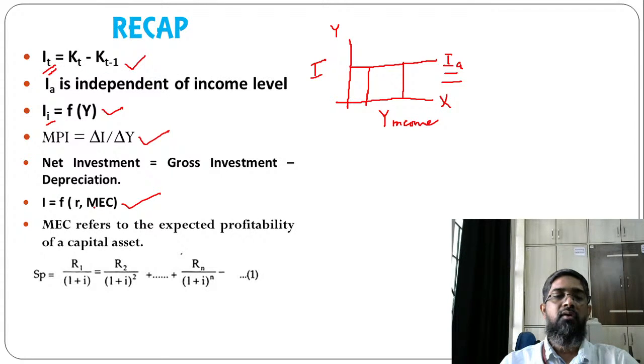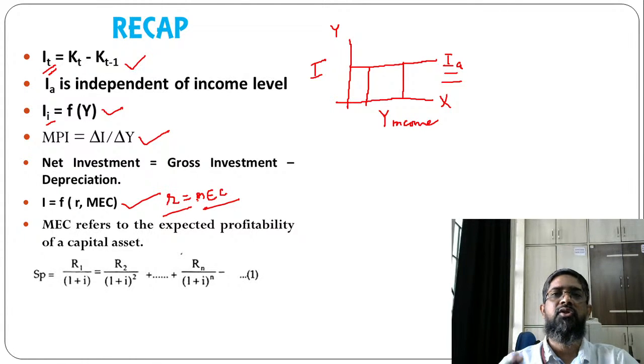So always if you want to keep yourself invested, this R must be equal to MEC, or MEC must be equal to R, only then you will remain invested, right? Otherwise, if your R is more and MEC is less, then there is no incentive to invest.